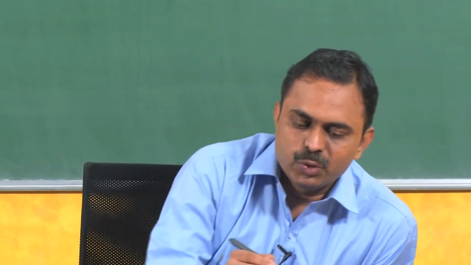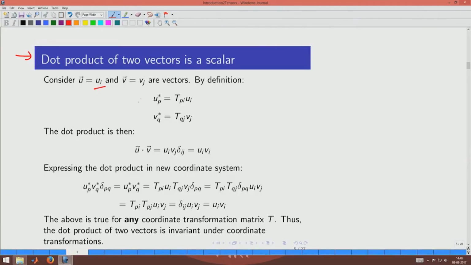First, let us analyze what is provided to us. What is given is that u and v are vectors. The moment you say that something is a vector, it means that it follows the definition of a vector. So, this is the definition of u being a vector, and this is the definition of v being a vector. And what is the dot product? In the summation convention, using the subscript notation, a dot product is written in this manner.